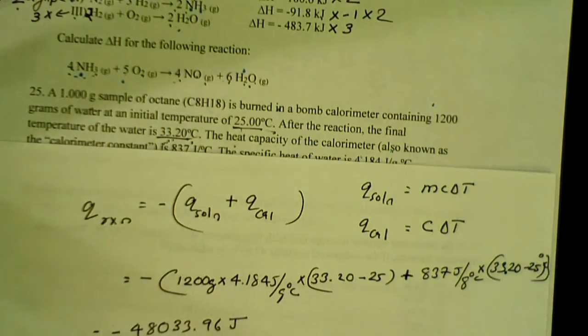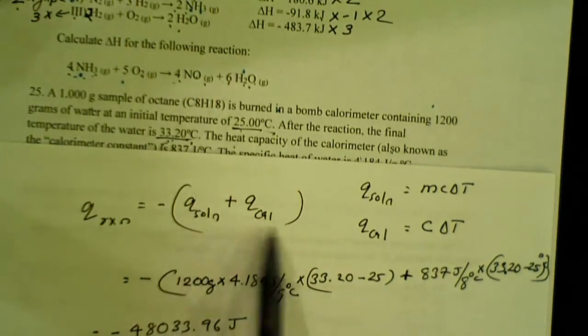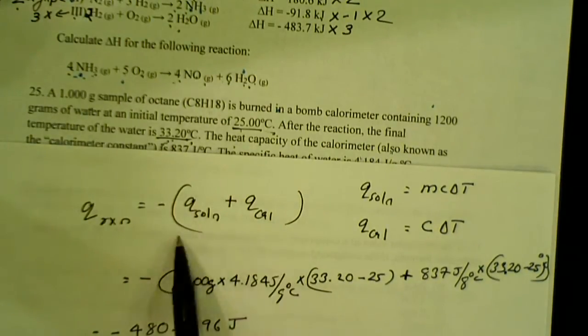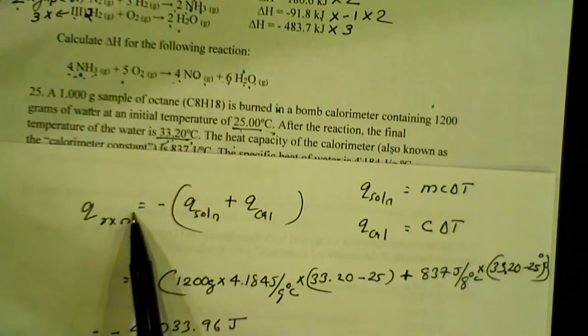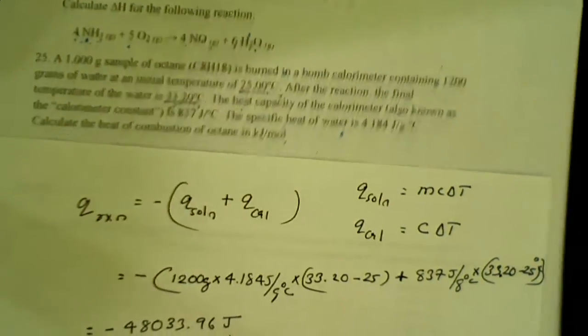So did you use Q equals MC delta T for the solution? And then why did you use the grams of water instead of the grams of C8H18? Because the combustion of C8H18 is the reaction, and it is happening in that solution.